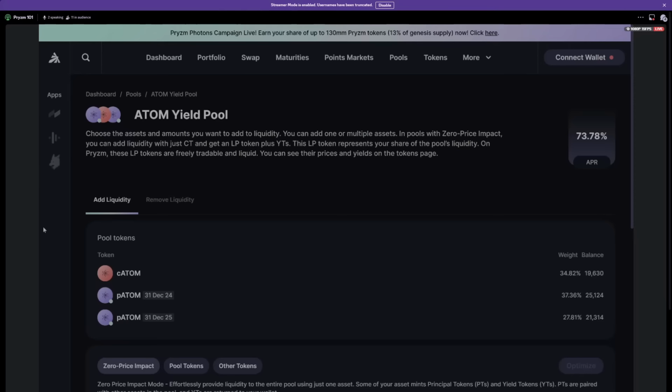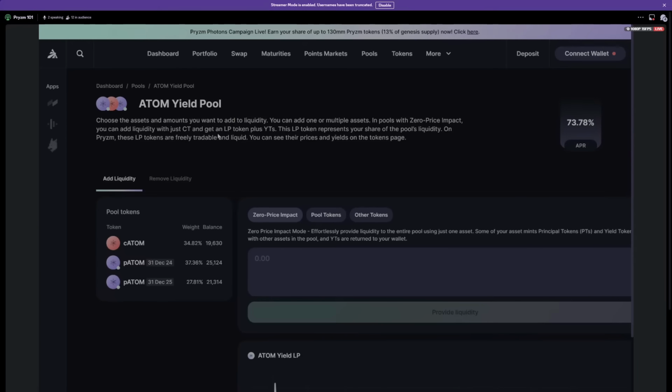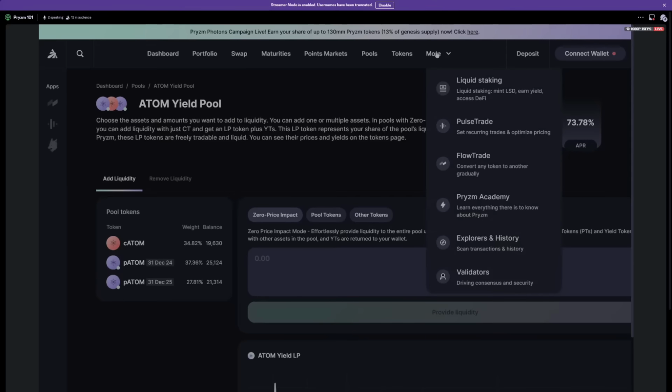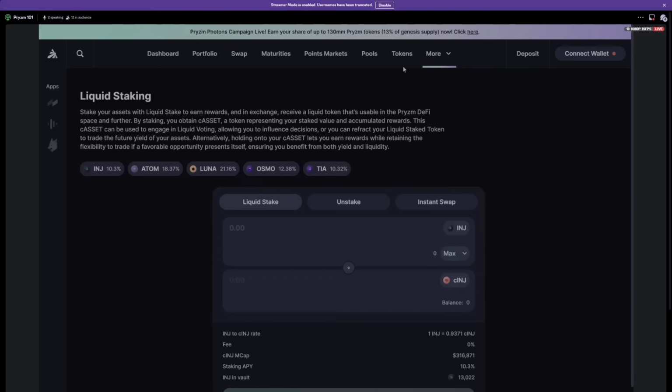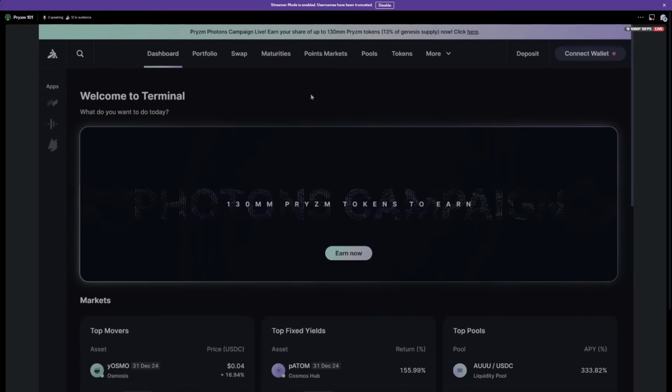So, I have staked Atom, right? It's locked, and I saw the tooltip. It says that I can use some sort of liquid version of Atom. Let's say I want to buy the Atom, and I don't want to lose the potential airdrops that someone can send me because I'm staking the Atom.